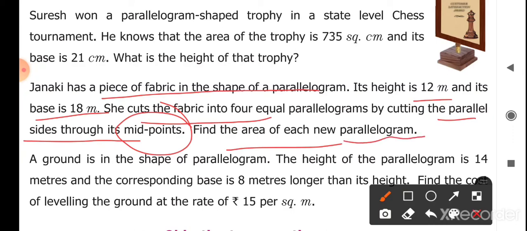I repeat it. Janaki has a piece of fabric in the shape of a parallelogram. Its height is 12 meter, its base is 18 meter, and she cuts it into 4 equal parts.